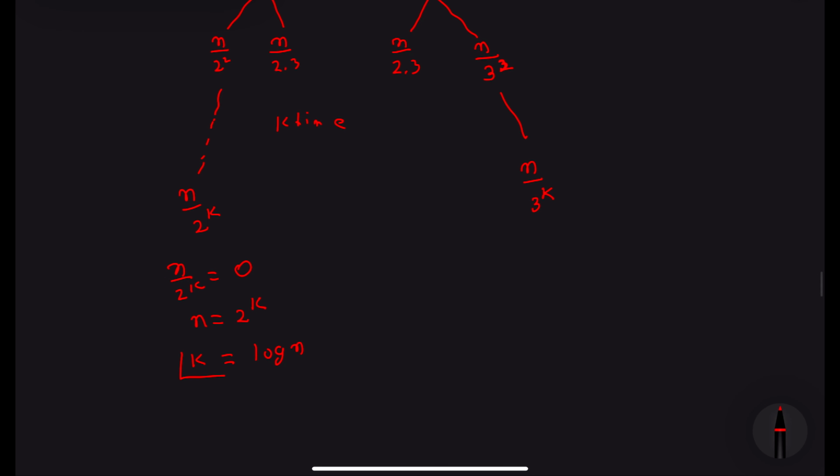So this will be the value of k, and on this side the value of k will become log n. So this will be a base 3 log n, and this will be a base 2 log n.